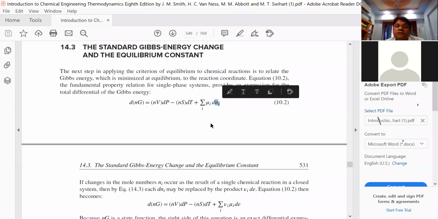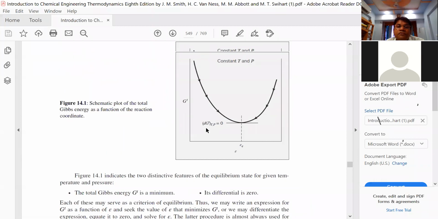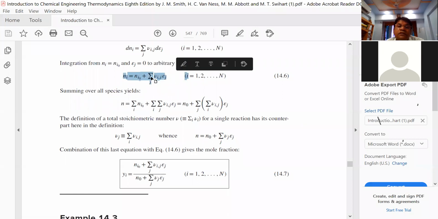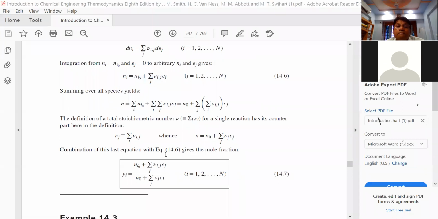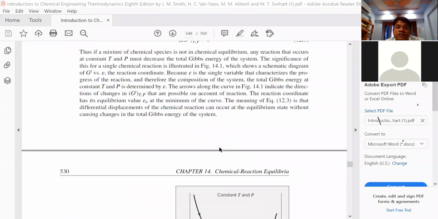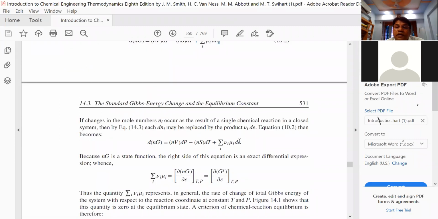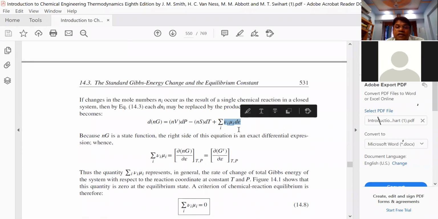Now this dni we will replace with this equation, with ni, nu i and epsilon i for a single reaction, and for multiple reactions where it is applicable. Let us express this dni with nu i and d epsilon.